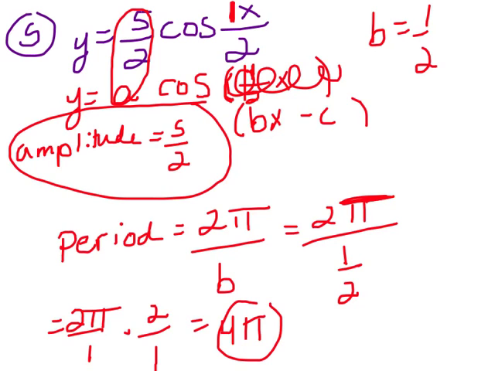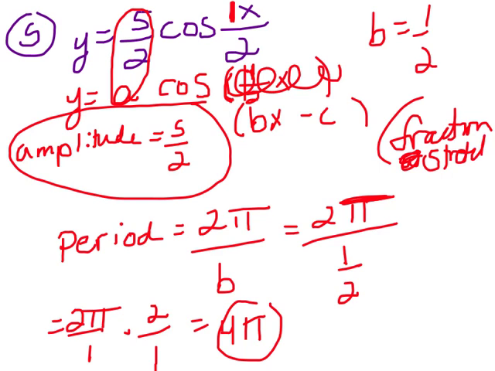So a fraction as your b makes your graph stretched out wider. It kind of stretches it horizontally, doesn't it? So a number like 2 would kind of shrink it up horizontally. So that number out in front of that x is affecting our period there.